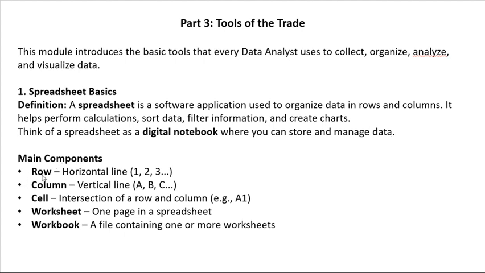The main components: a row is a horizontal line, a column is a vertical line, and a cell is the intersection of a row and a column. A worksheet is one page in a spreadsheet, and a workbook is a file containing one or more worksheets.